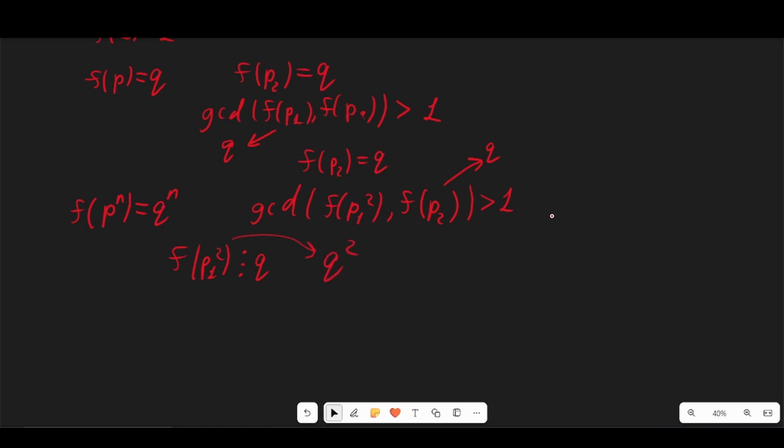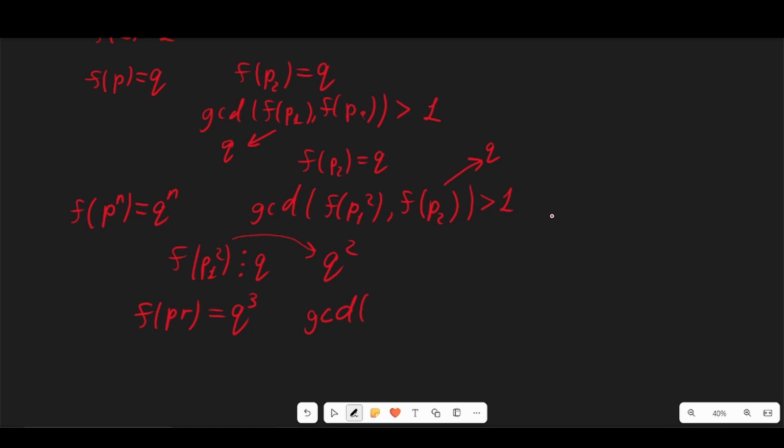And now let's consider the case if we take f of p times r, where p and r are different prime divisors. We will show that this must be q cubed. To show this, we need to use the second proposition.